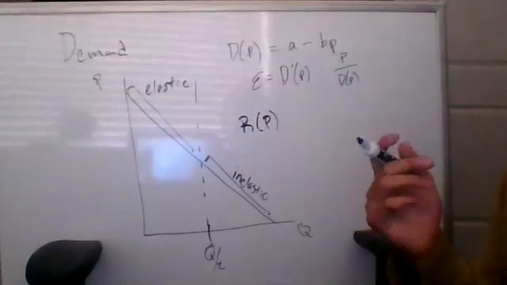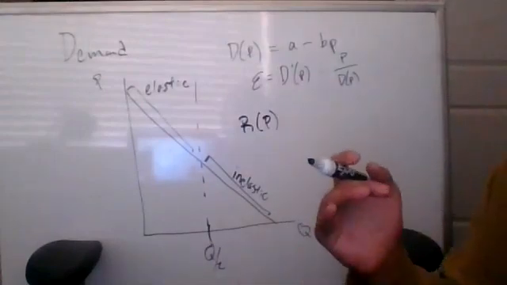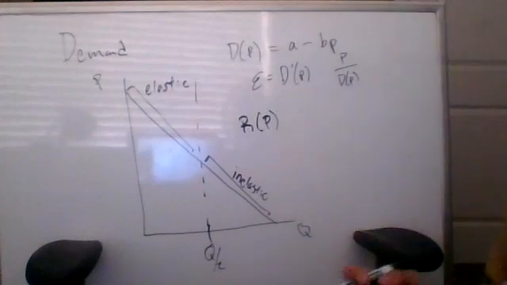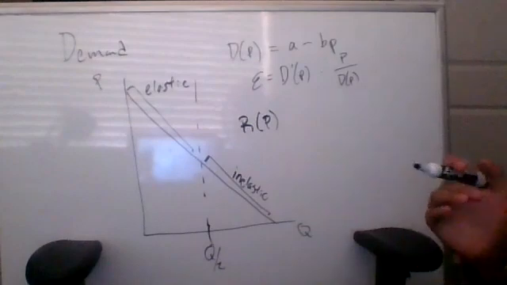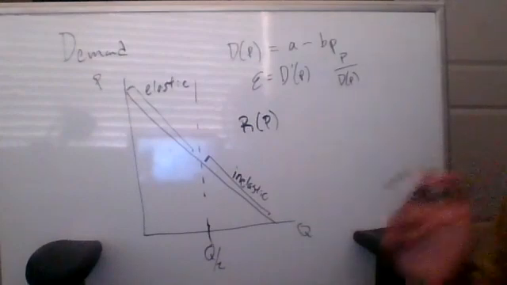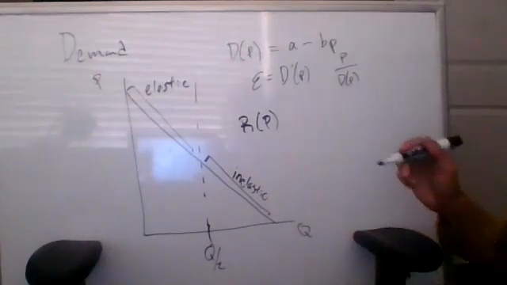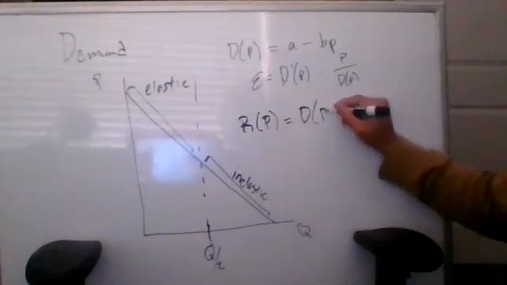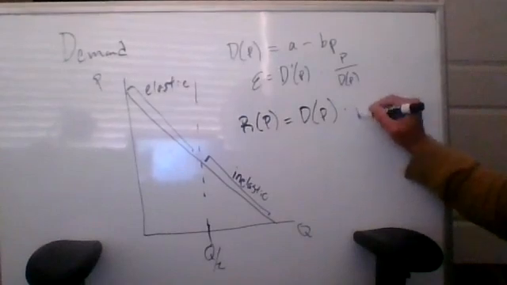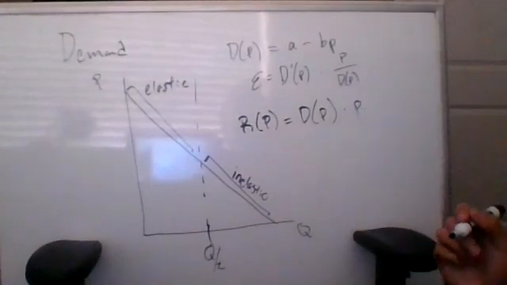So that's how much we sell times how much we sell it for, right? And we know that there's going to be one single price in the market because prices are just given. So we know that the revenue is going to be equal to demand times the price, okay?